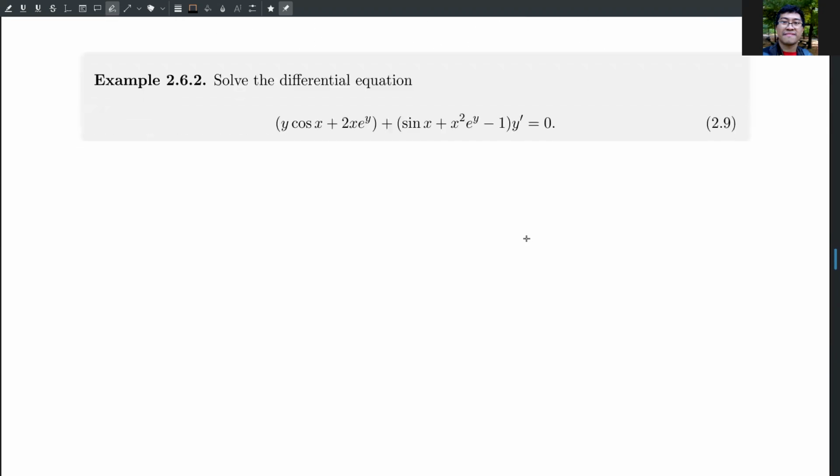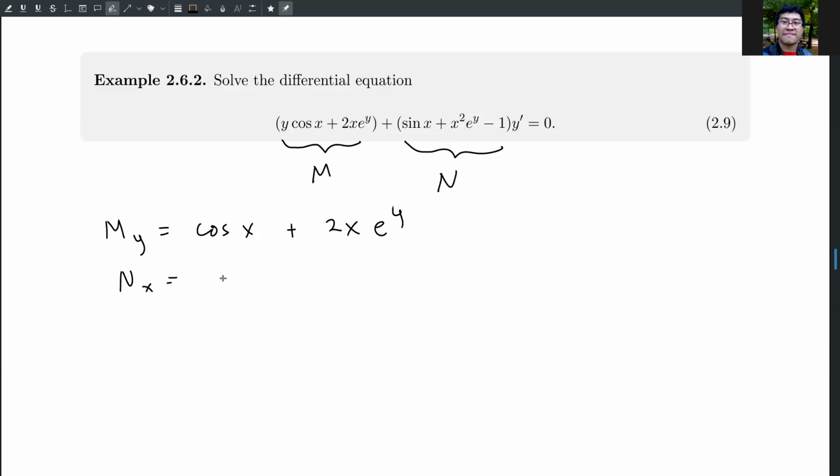Now let's try to solve this differential equation. Here, this is our m and this is our n. If you take m_y, the partial derivative with respect to y, that's cosine of x plus 2x e^y. Taking the partial derivative of n with respect to x, that would be cosine of x plus 2x e^y. So m_y equals n_x means that the equation is exact.